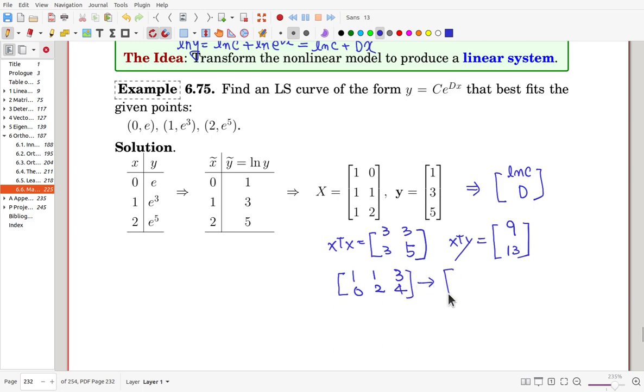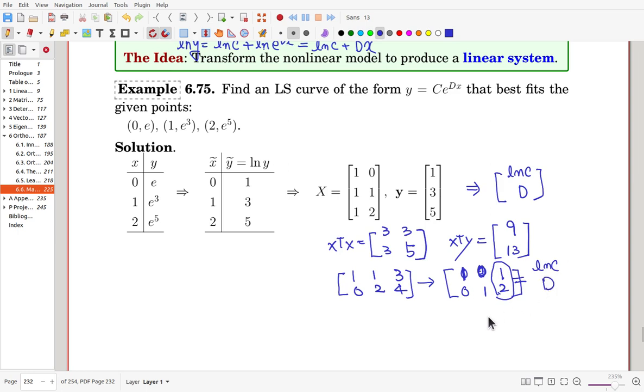So we have 0, 1, 2, and we subtract, and the output is 1 and 0, 1 and 2. This is the reduced echelon form. So this last column is exactly logarithm c and d.